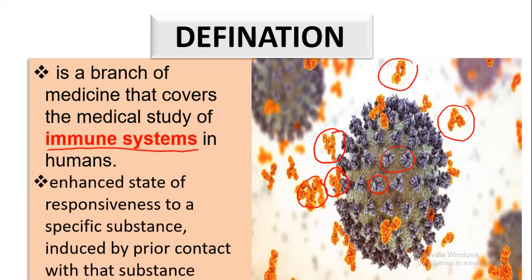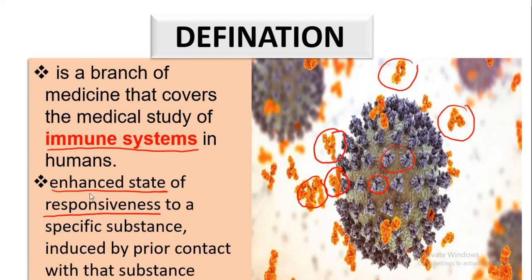So how else can we define this branch of medicine? Immunology tries to explain the states of the body, or what happens when the body is trying to respond to foreign substances.